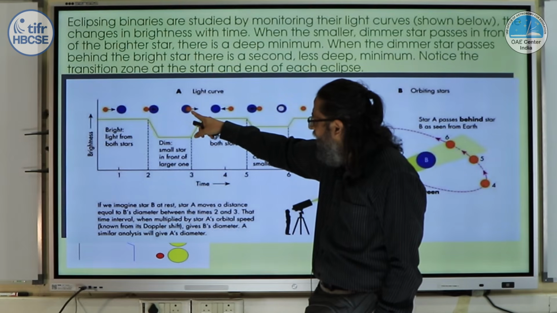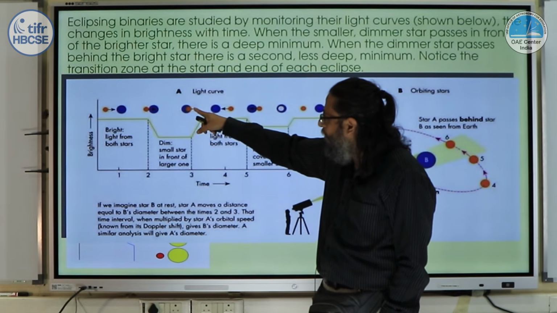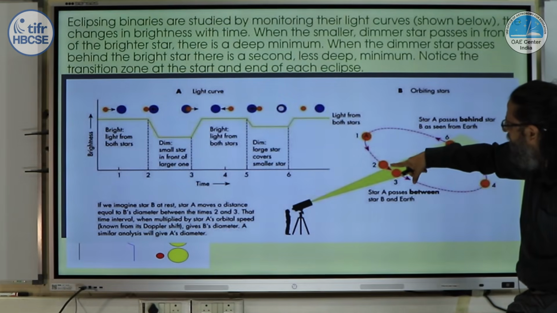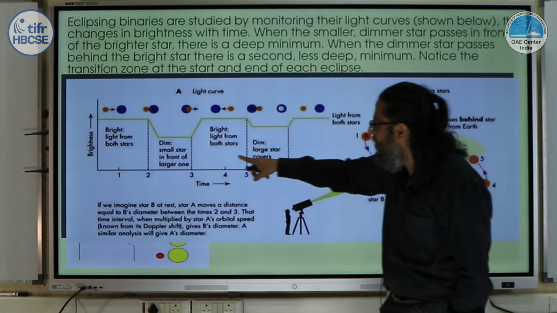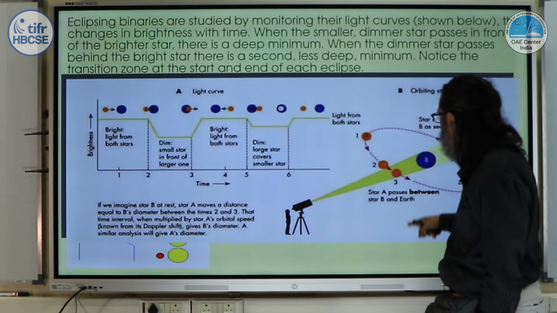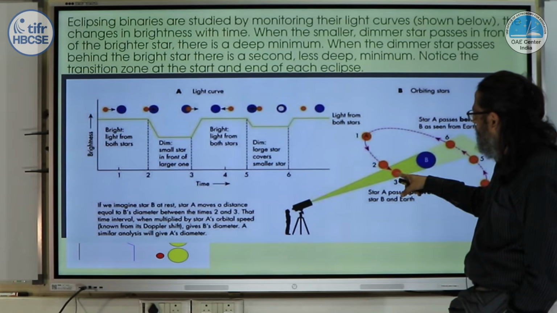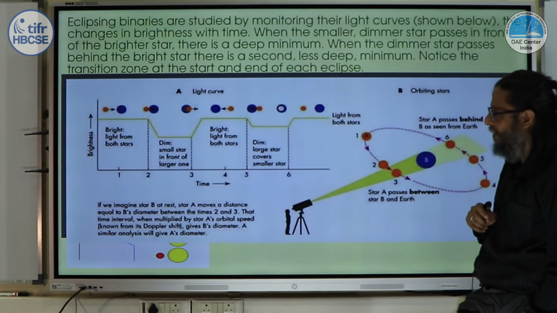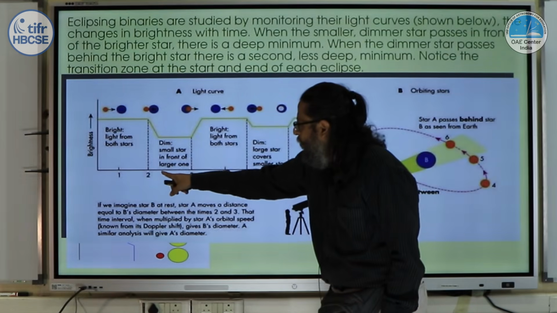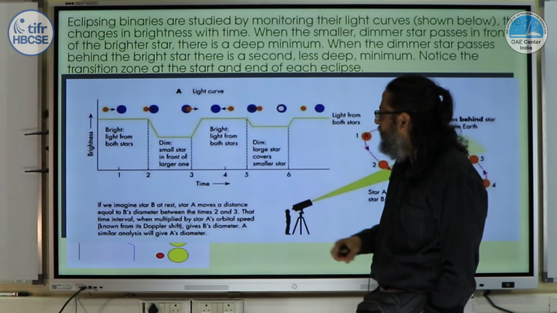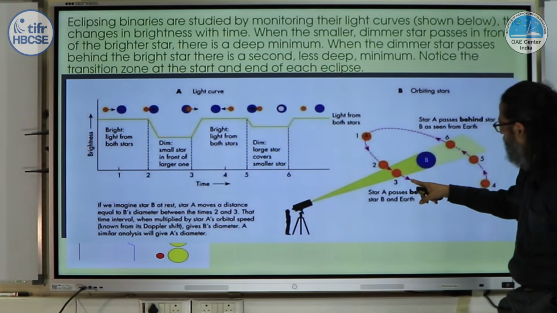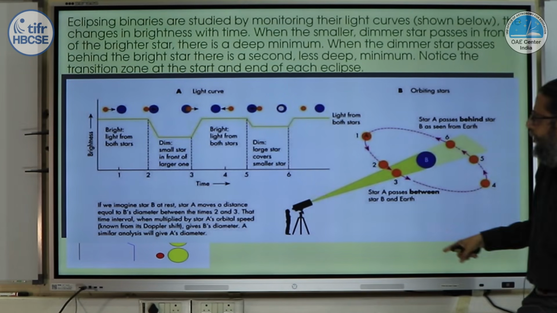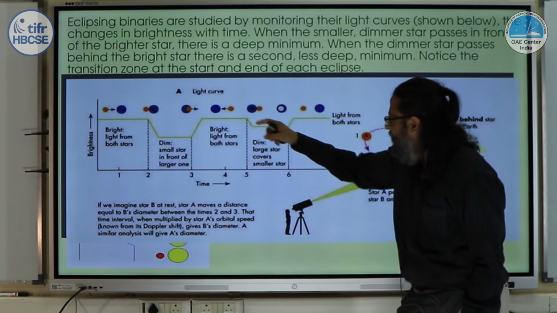And now as this star is going away from the field of view of this star, okay? So basically this two region starts here, corresponding here, and 3 is this region. 2 is the first contact and 3 is the third contact, okay? This is what is correspondingly happening out here. Then 4 is this whole region where you see the bright light out here.